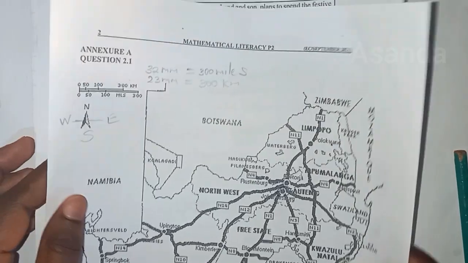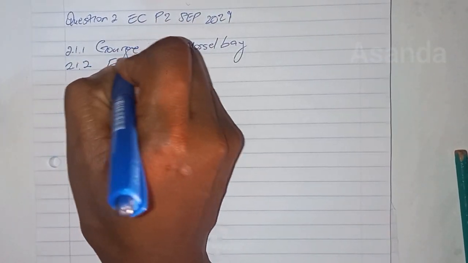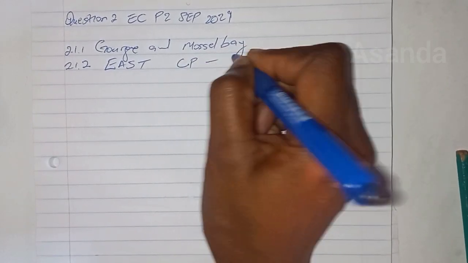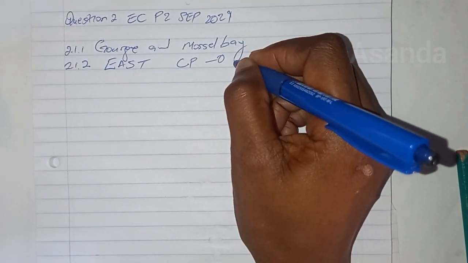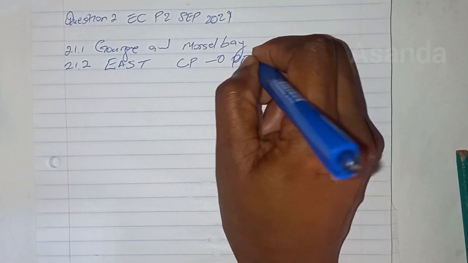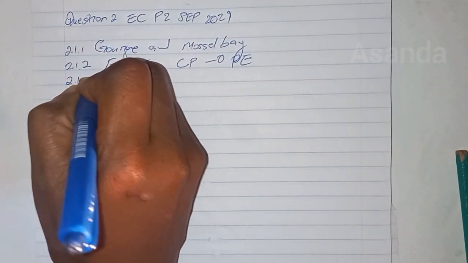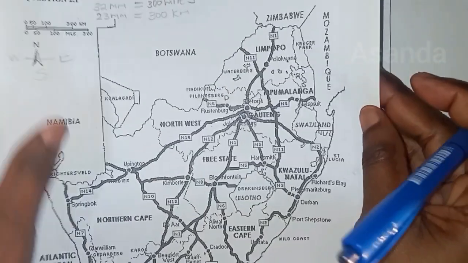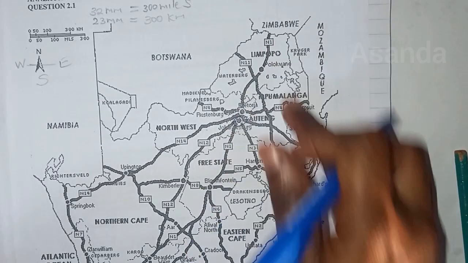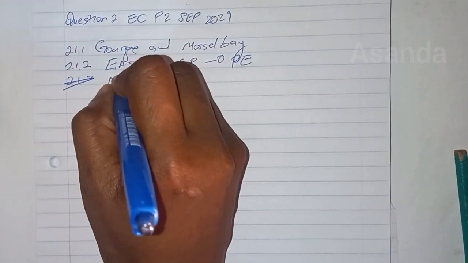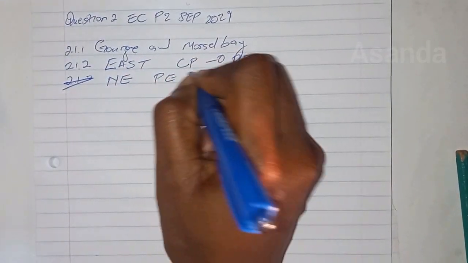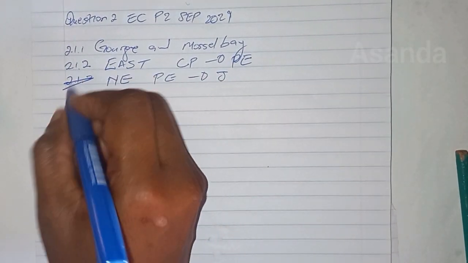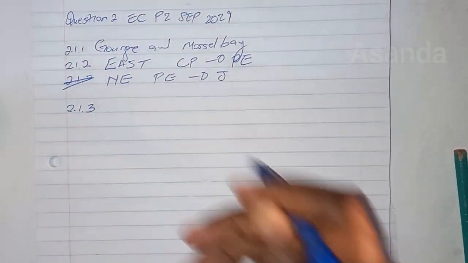So the first direction is east, when you're traveling from Cape Town to PE, Gqeberha. We're not done. Then we travel from PE to Johannesburg. It's north, but then it's northeast. So this one is northeast, from PE to Johannesburg.